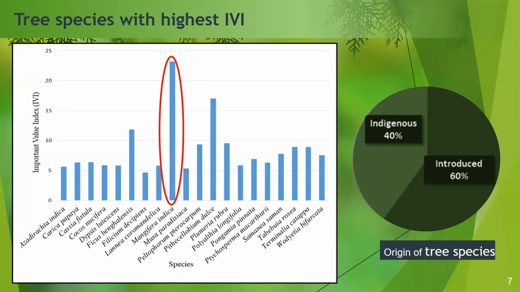We tried to identify the trees with the highest important value index, like Samanea saman, Mangifera indica, the mango plant, and Pithecellobium, which was the next one. And then we created the distribution profile for each of these selected plants.